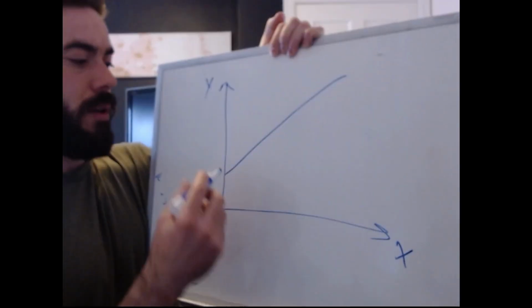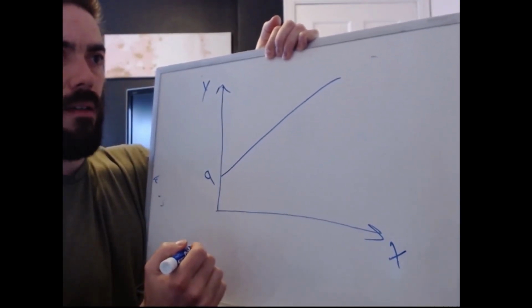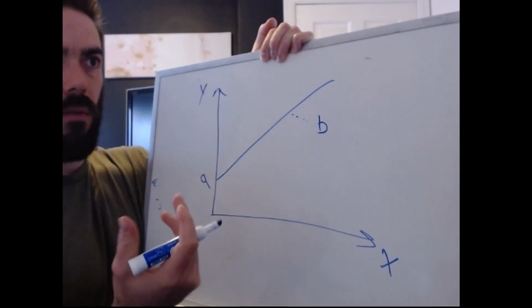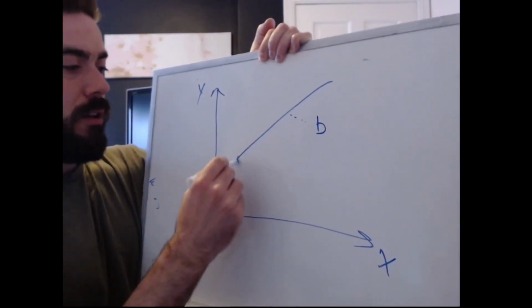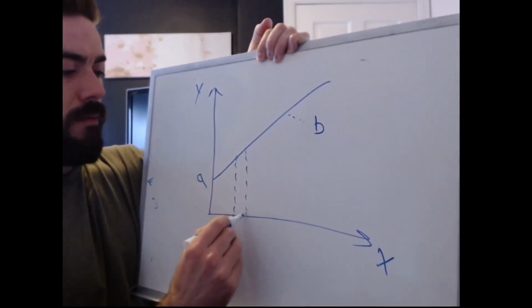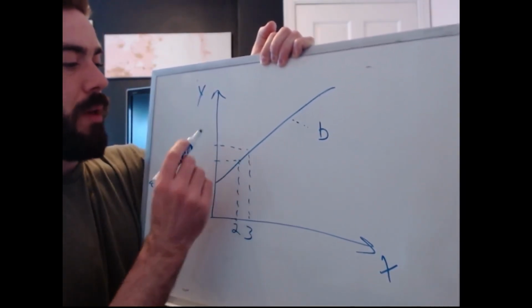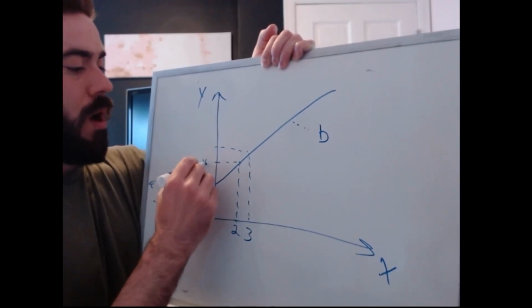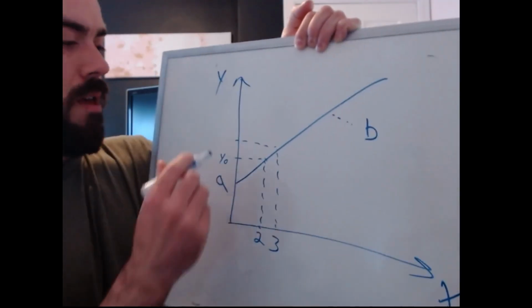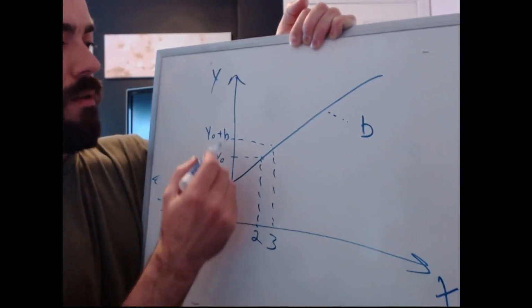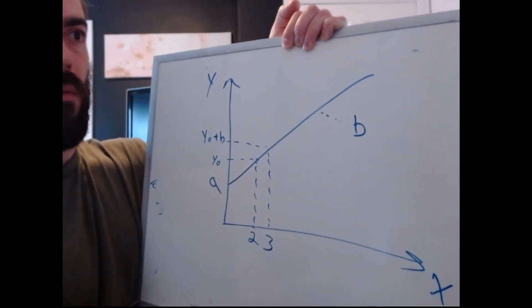All I'm trying to do is find my intercept a, and the slope of the line b. The slope tells me that if x goes up by 1 unit, y goes up by whatever the value of the slope is.